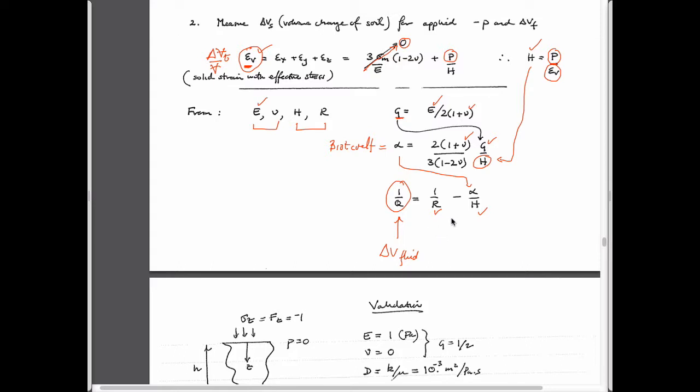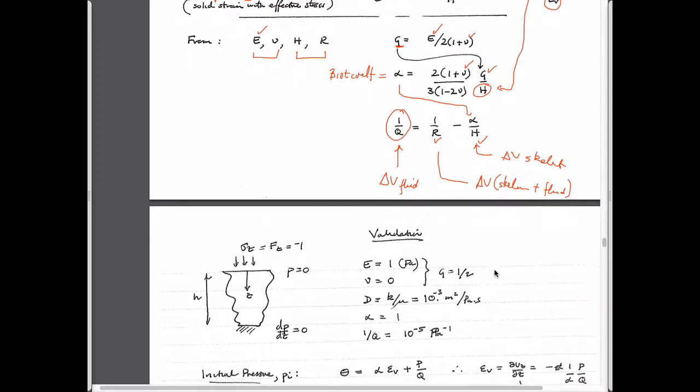One of these gives us the complete behavior of the system, and the other one, I'm guessing, gives us delta V in the skeleton, and then by definition this gives delta V together in the skeleton and the fluid. So that's really all we're subtracting from each other in a physical sense.